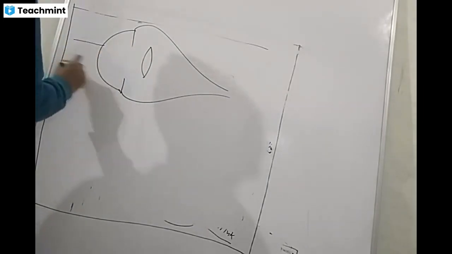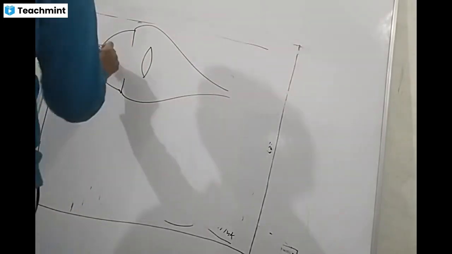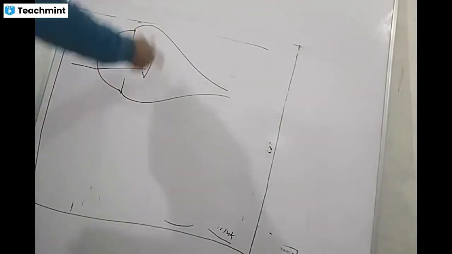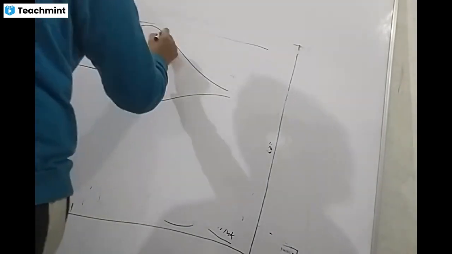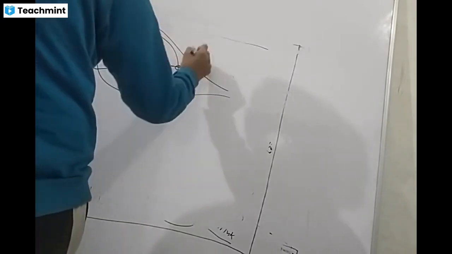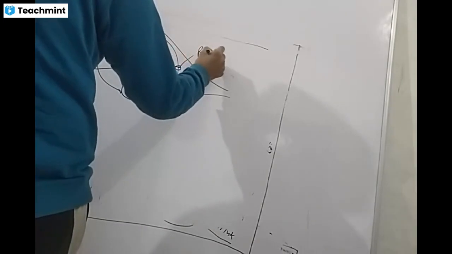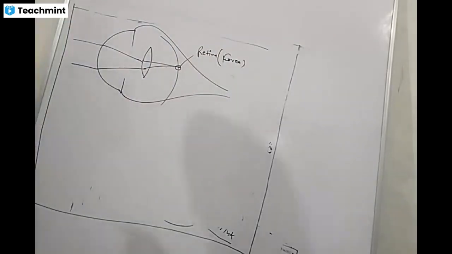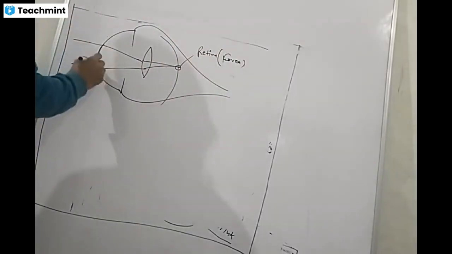Light rays fall on the cornea, the cornea bends them, the lens will further bend them and they will fall on the retina. Which portion? Fovea.